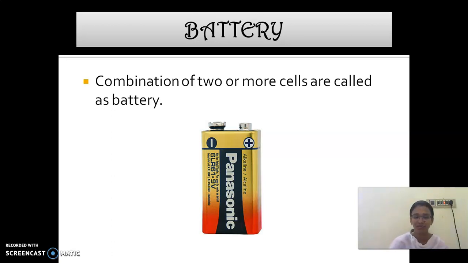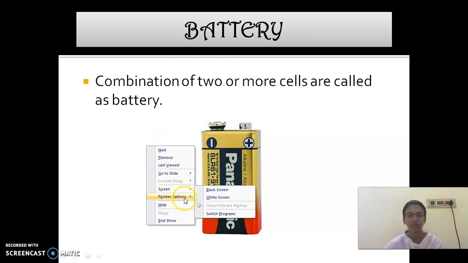Clear, children? In a battery, it is also connected to the opposite terminal. Plus, minus. Not plus and plus connected together. In a battery, the opposite charges are connected in one line, and if it is plus here, here it will be minus. Just have a look at here.